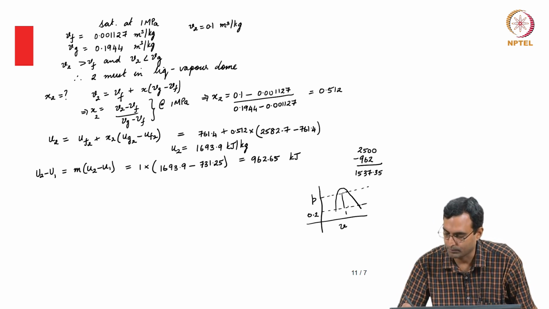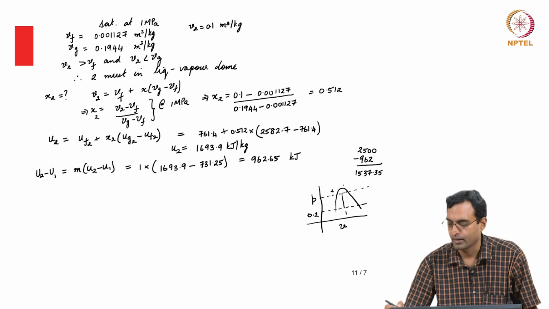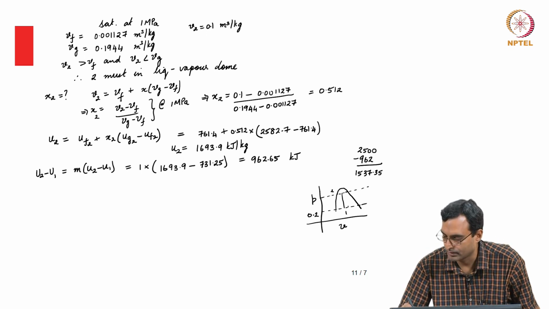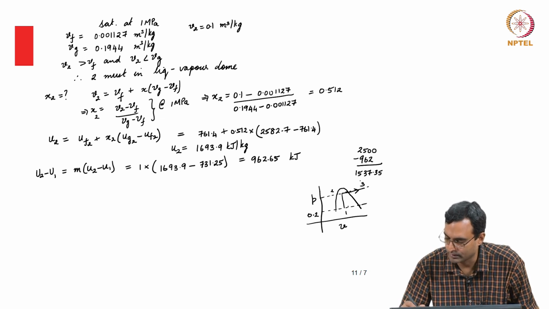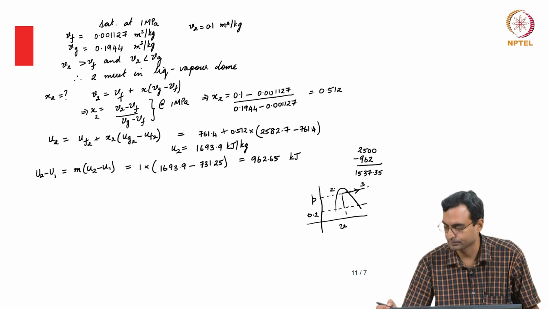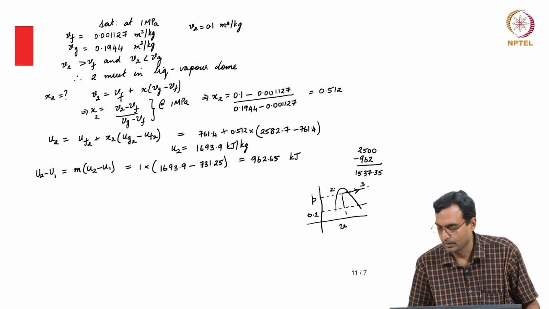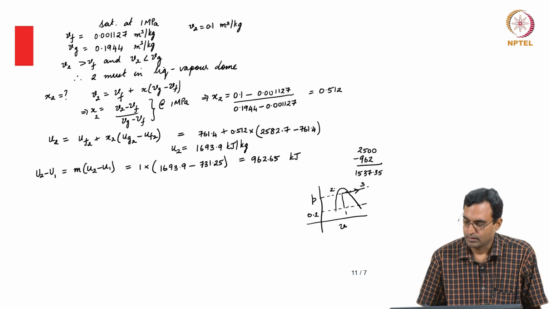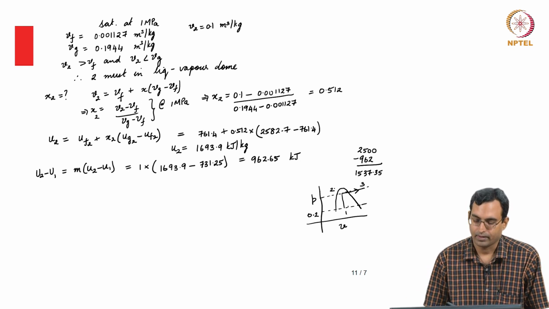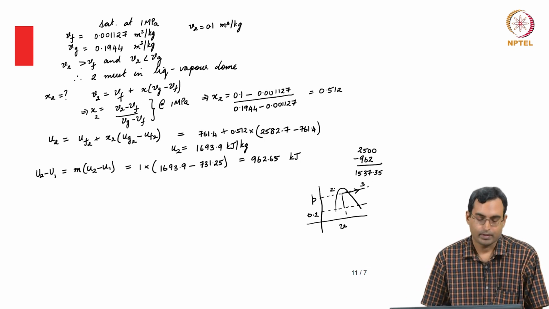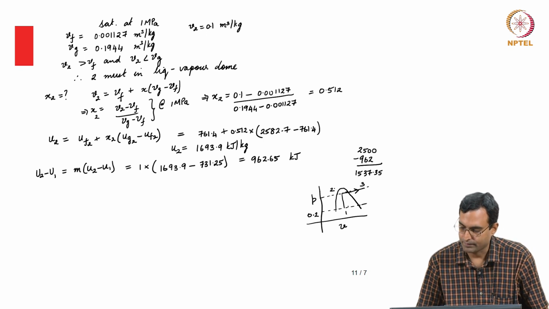So, we went from some point 1 to some point 2 here. After this, we are going to have a constant pressure process till we reach some point 3 over here. That is essentially the process on a PV diagram. So, we need to now find out this point 3.